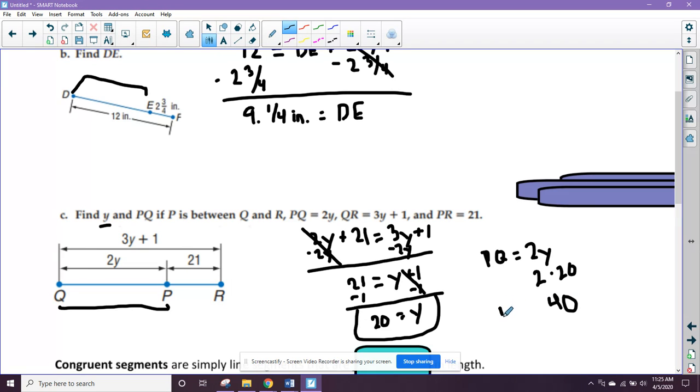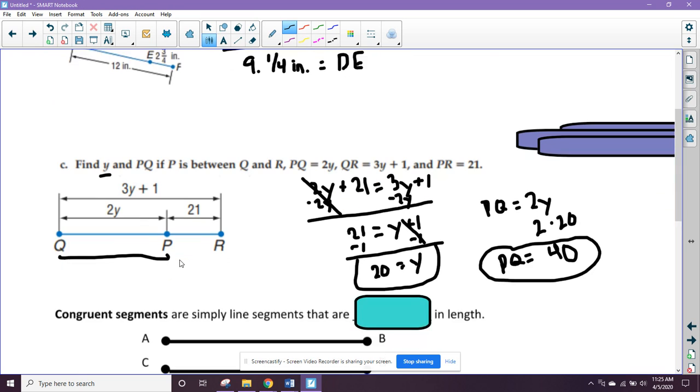So PQ equals 40. And then we just solved that problem. That one wasn't too bad. The main thing there was drawing out the picture.